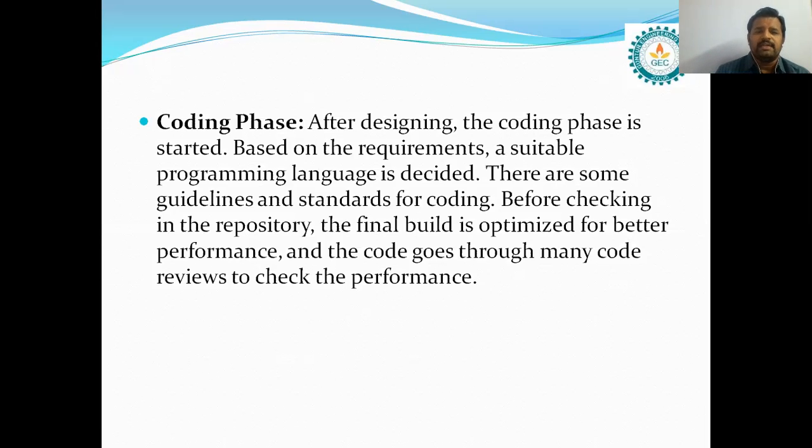Once the code is developed, it should undergo reviews, meaning meetings where we check how the code is working. We review the performance of the code in this coding phase.